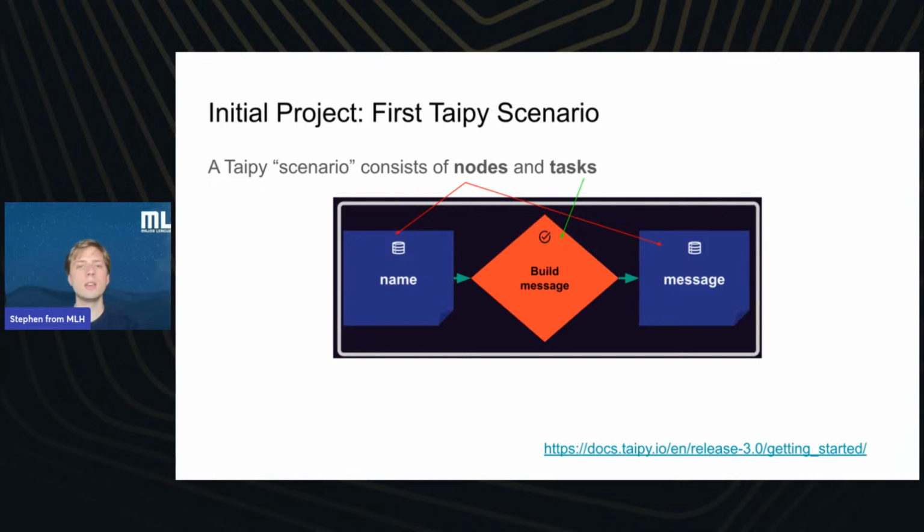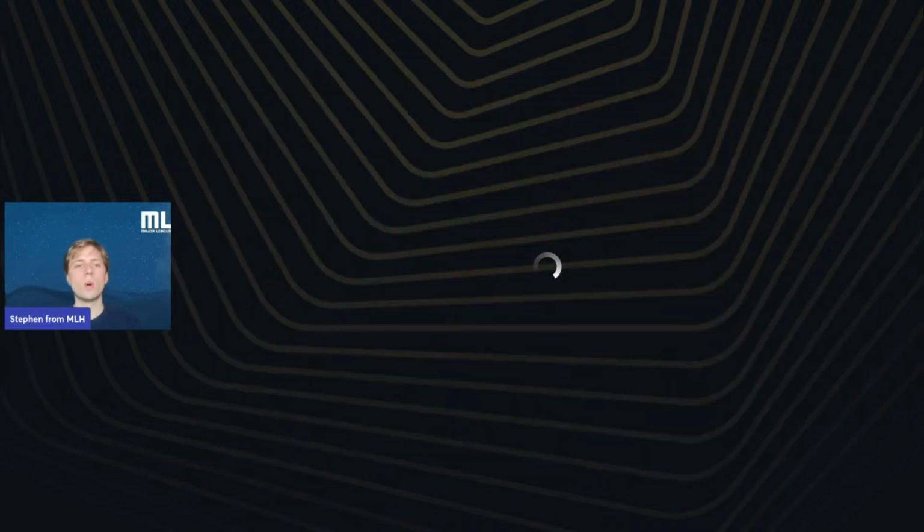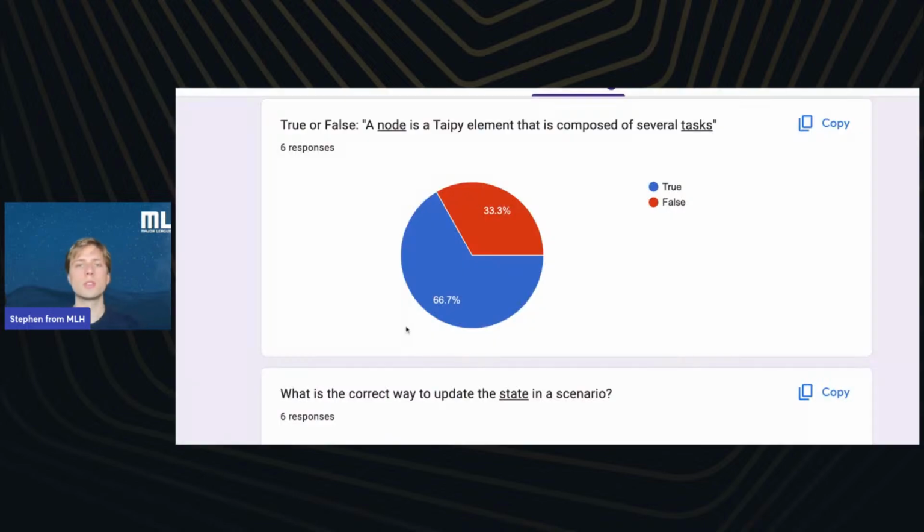Tasks are almost like functions in programming, and nodes would be like variables. That's probably the best analogy. Nodes are where you're going to access data, read it, write it, and things like that. So that's the answer to question 1: true or false, a node is a Taipy element that is composed of several tasks? It's actually false.